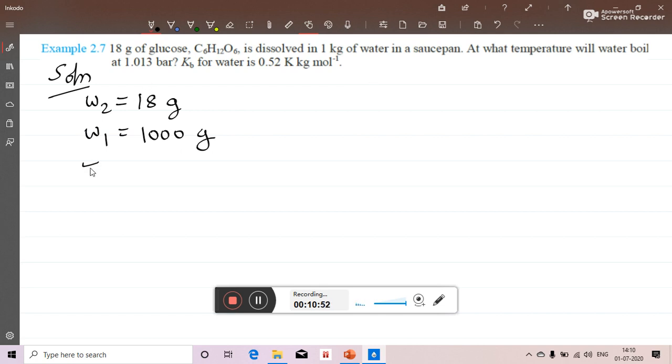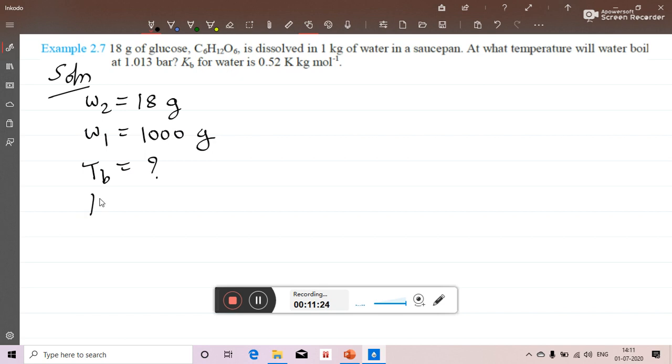So we have to find out TB. At 1.013 bar, the pressure is given as 1.013 bar.